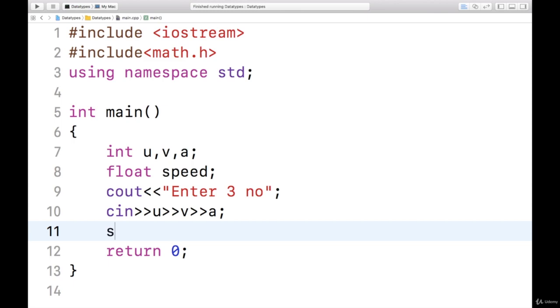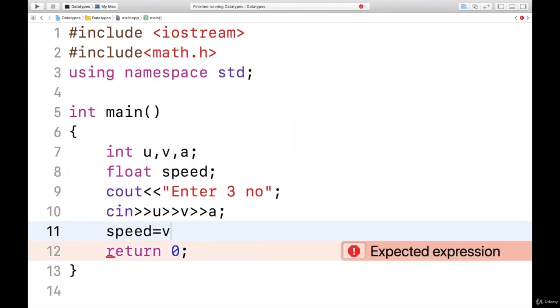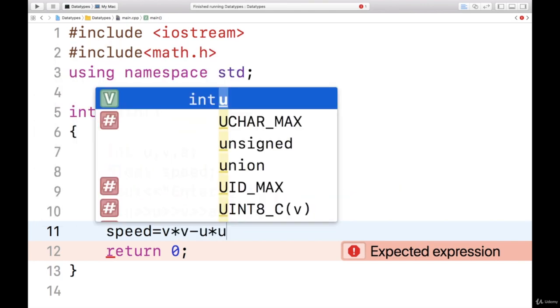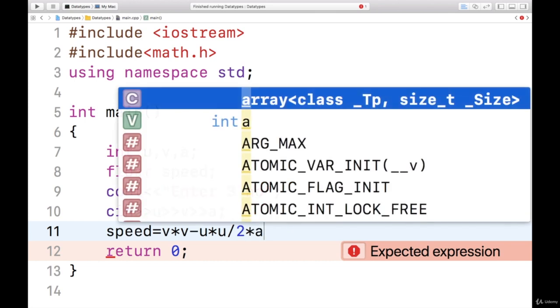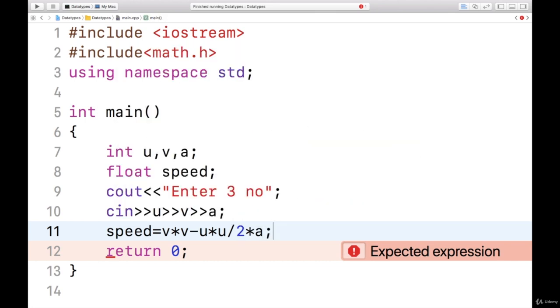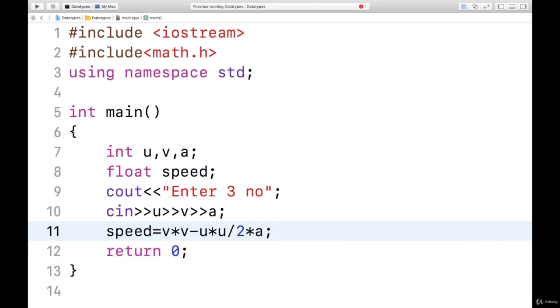Now for calculating speed, the formula is v square, that is v into v, minus u square, that is u into u, divided by 2 into a. No, this will be wrong, because with 2a, everything is in the denominator, so this should be enclosed in brackets, and this entire thing is in the numerator, so it should divide the whole value, that is v square minus u square.